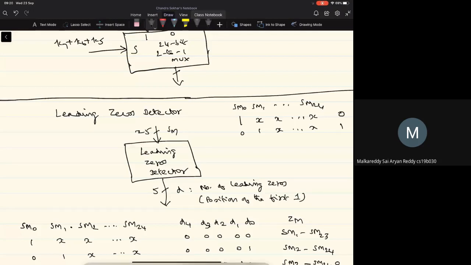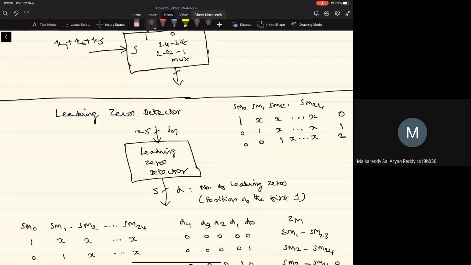Suppose I take the next one, so this corresponds to SM2. Now we see that the first one is in the position SM2, that is, bit 2 of the SM, and it is also equivalently indicated by the number of leading zeros here. That is, there are 2 zeros here.